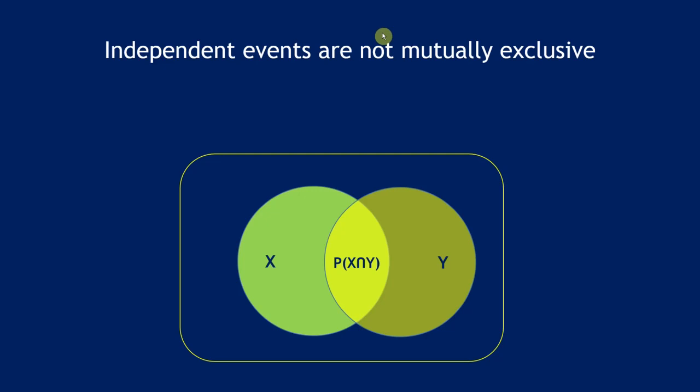Like I said, independent events are not mutually exclusive. For independent events, the overlap over here, the intersection, will be probability of X times probability of Y. When you have mutually exclusive events, the intersection will be 0.